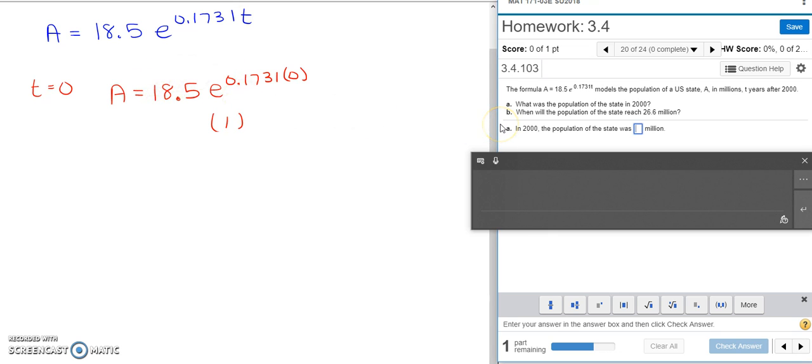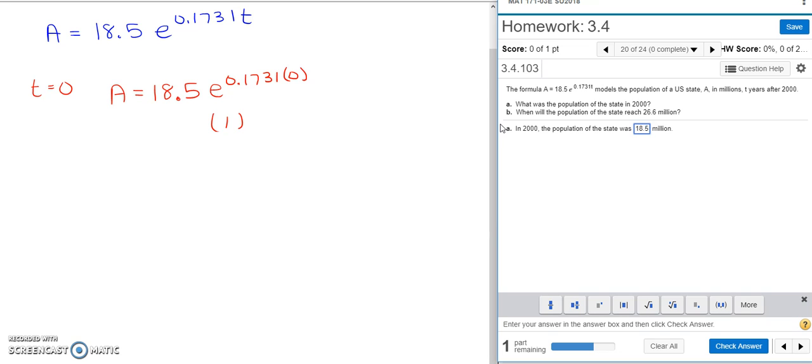So in the year 2000, it's 18.5 million. And you'll notice when you do these problems, if they're in this kind of format, this number is always your starting amount or initial amount, just because of the way plugging in 0 makes this part go away.